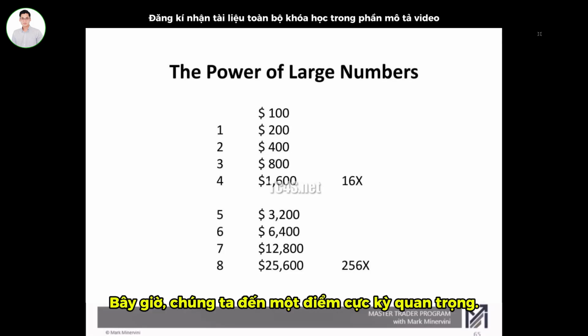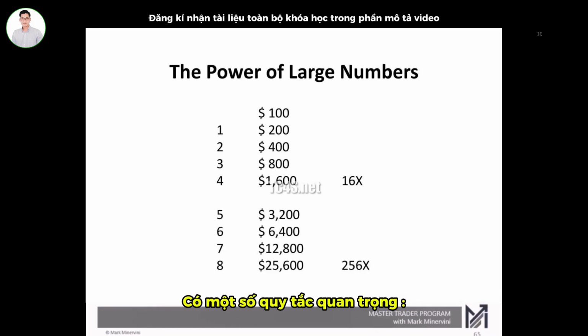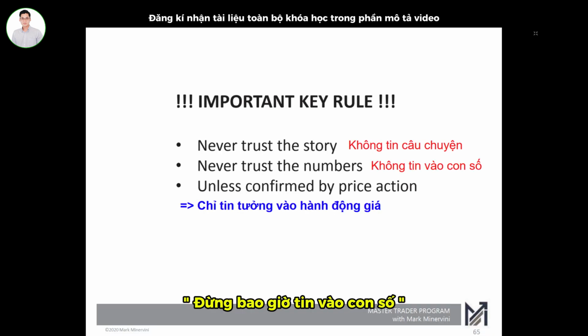So now we're showing you, it's a really important point here. And again, we're going to get into what David was talking about, selling on technicals. There are some caveats to these numbers. The rule of thumb is that as much as we're going to show you all these numbers and how to slice and dice them, the rule is never trust the numbers.